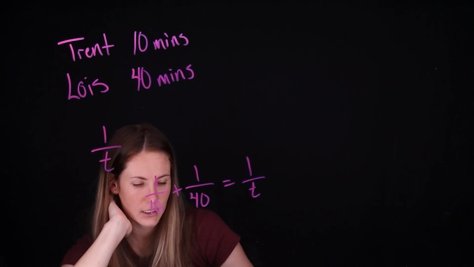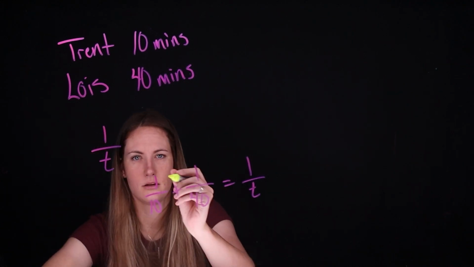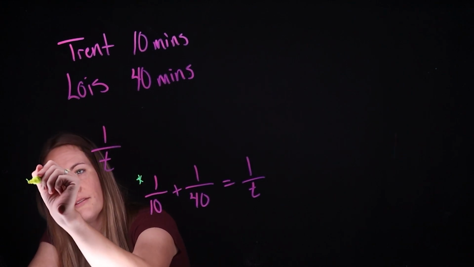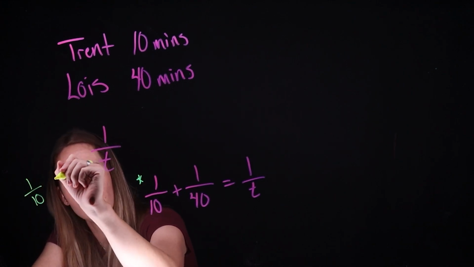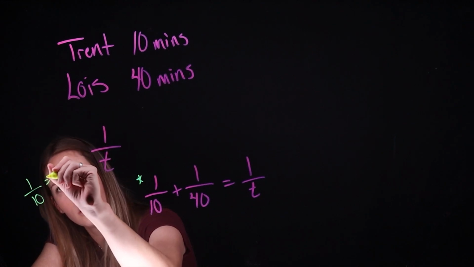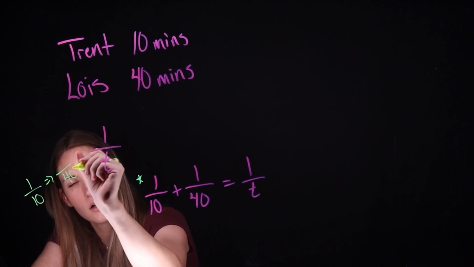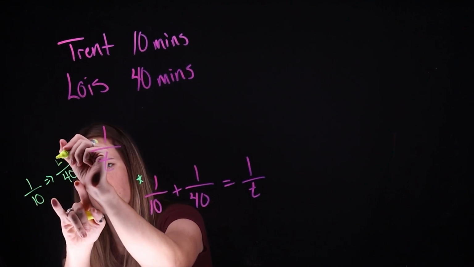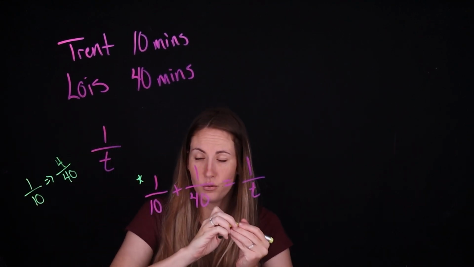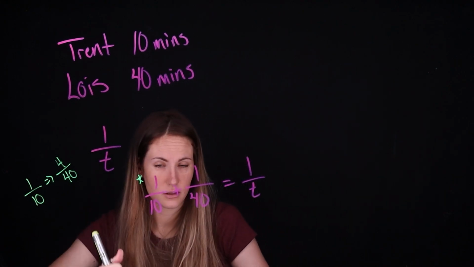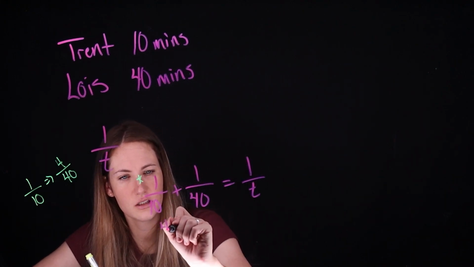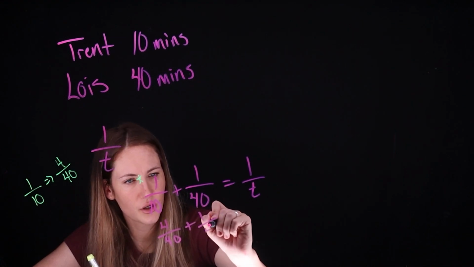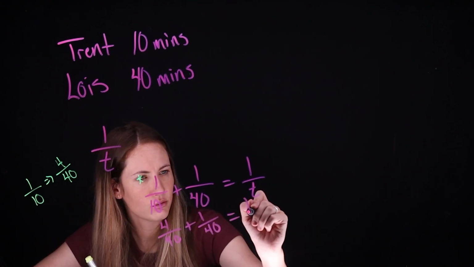If I change 1/10 to a 40th, I did 10 times 4 to get 40, so I have to do 1 times 4. So 4 over 40 would be Trent's equivalent in 40. So 4 over 40 plus 1 over 40 equals 1 over t.